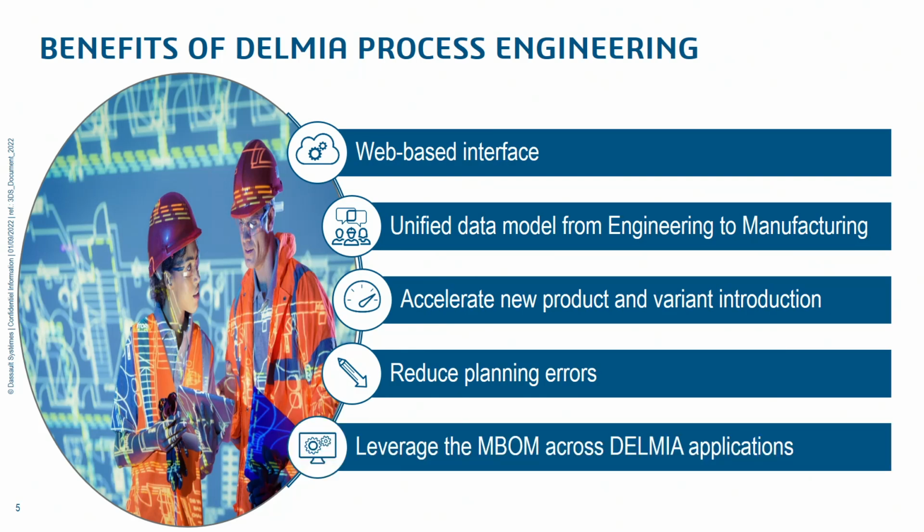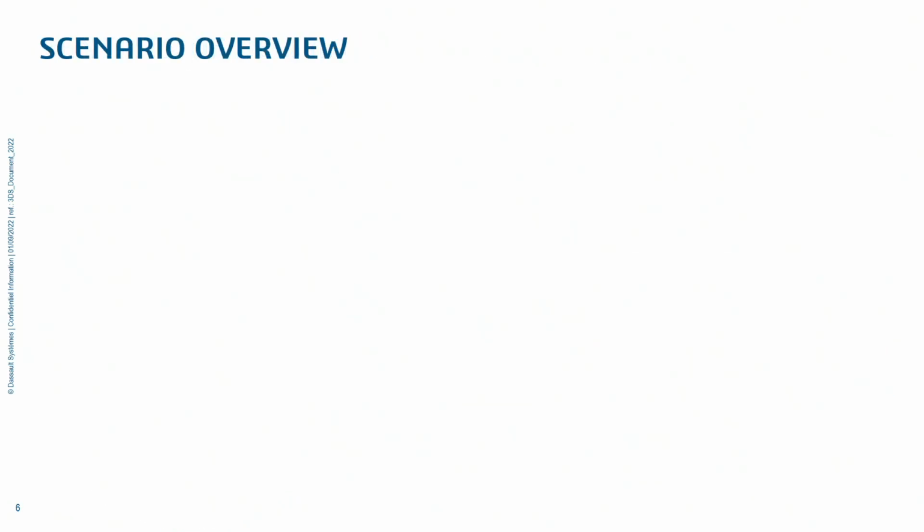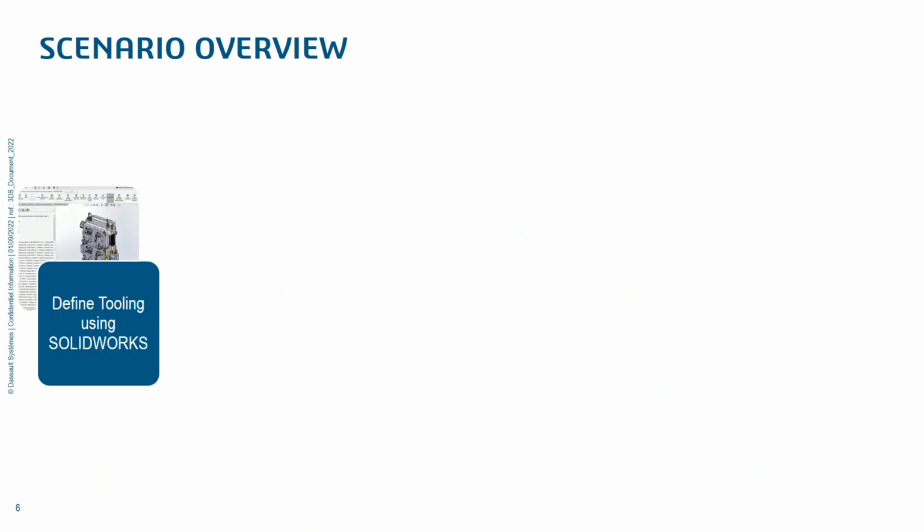And then you're able to leverage that MBOM, so after you've gone through this process, across the DELMIA applications. So it feeds down into your robot programming, it feeds into your machining applications. And again, it goes all the way back up to the engineering data. So when you make a design change in your engineering, you're able to see that filter through all the downstream processes.